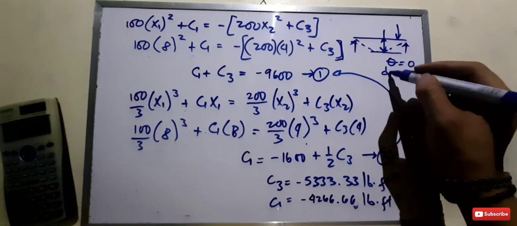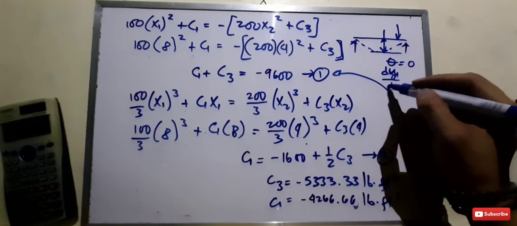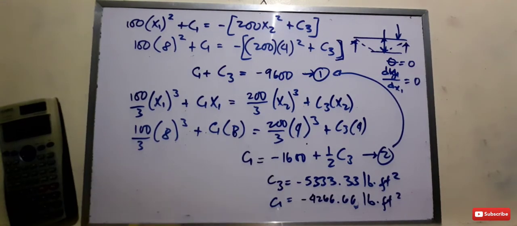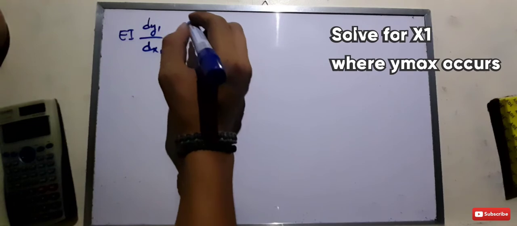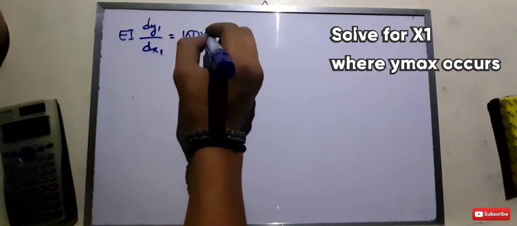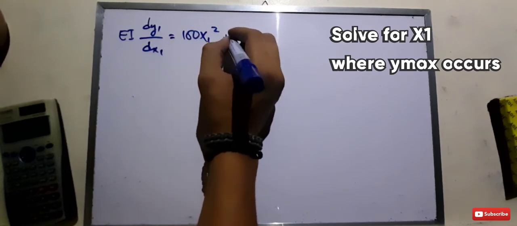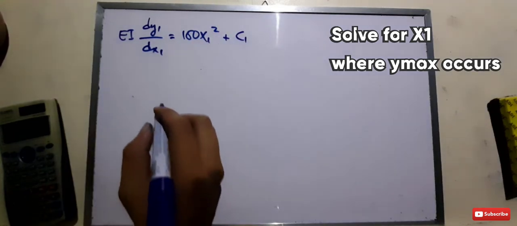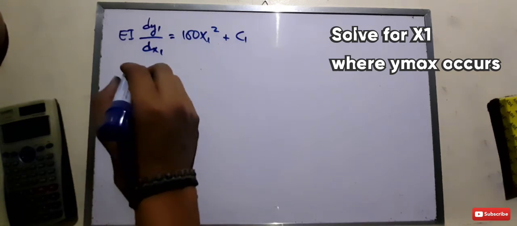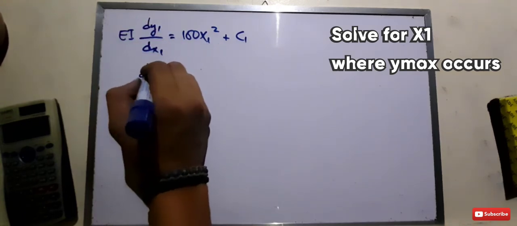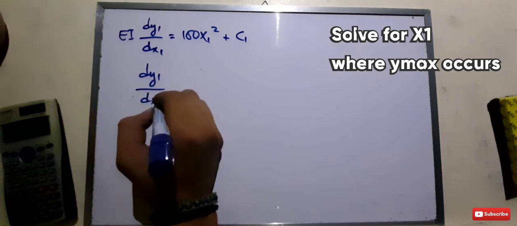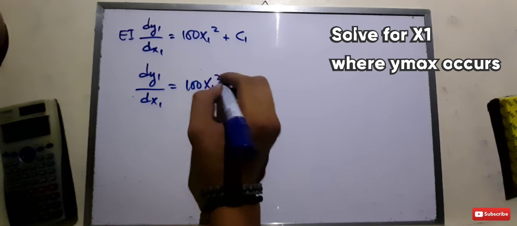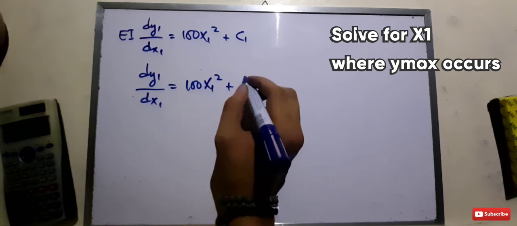Therefore, dy1 over dx1 equals 0. EI equals 100 x sub 1 squared plus C1. Kanina na. So, substitute na natin yung C1. You will have, and then dy, since ito yung after natin, is 100 x sub 1 squared plus C1 na negative.